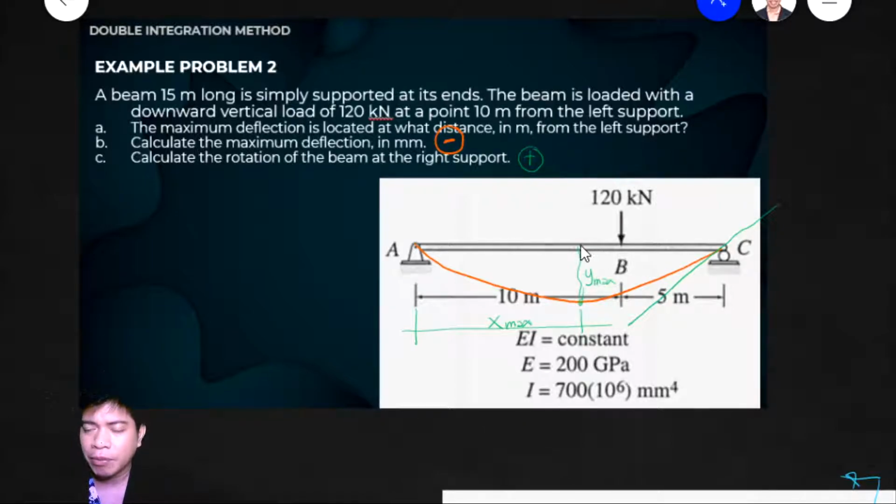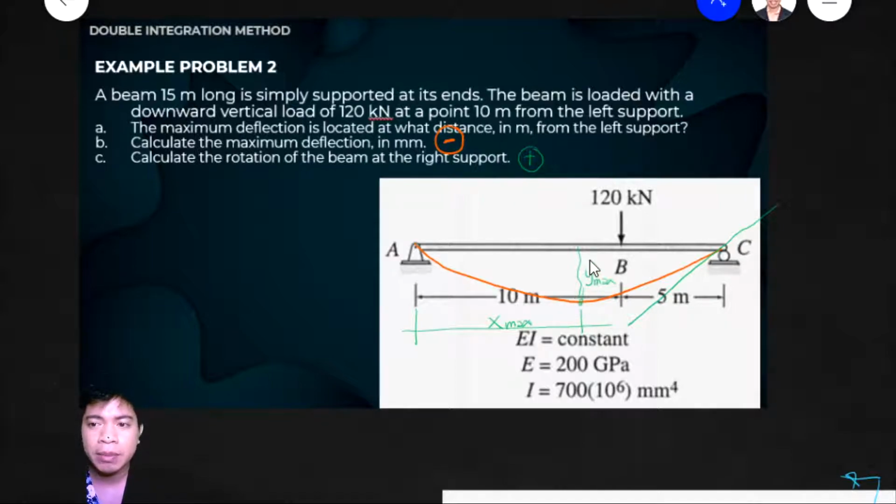So again, kailangan muna natin i-assume guys na maaaring nandito yung ating maximum deflection or maaaring nandito sa may kabilang side yung ating maximum deflection. So paano natin malalaman kung nandun nga yung ating maximum deflection sa mga segments na yun na nabanggit? Of course, yung ating maximum deflection, take note guys, ay meron siyang zero na slope.